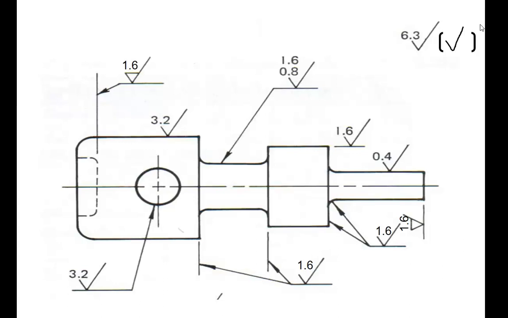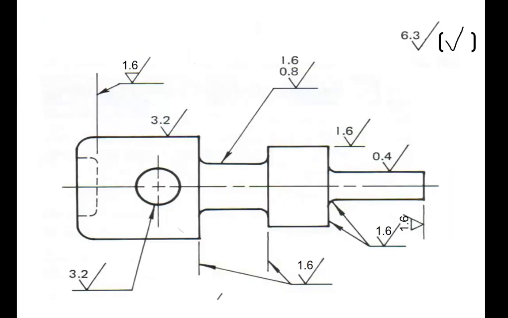At the top right corner, within parentheses, we show the surface finishing symbol, and preceding it the surface quality symbol with the selected roughness value for all the other surfaces.